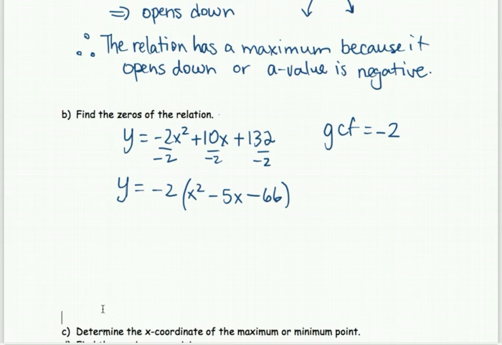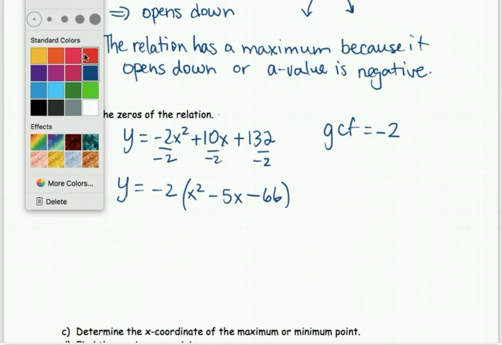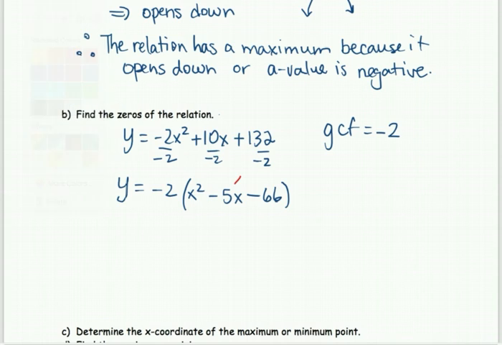So you need to build your add and multiply table. This one here is the one we need to add to, and this is the one we need to multiply to. So let's build that. Negative 5 here, and then we have negative 66 here. From there, we need to decide: 1 times 66, no, that can't be tweaked to make 5.